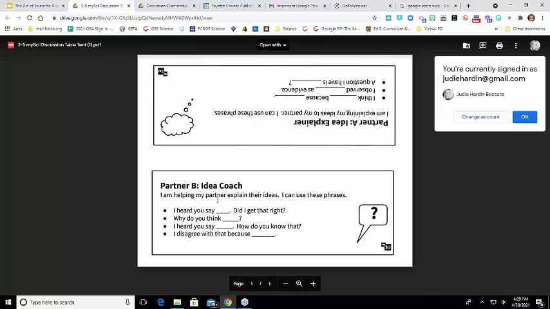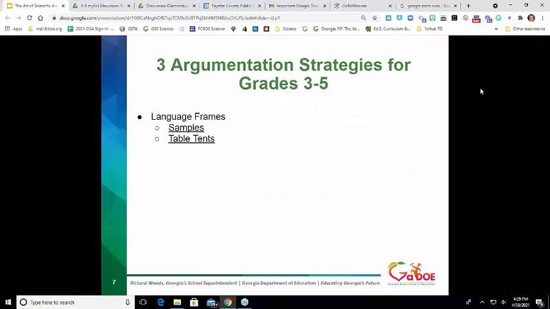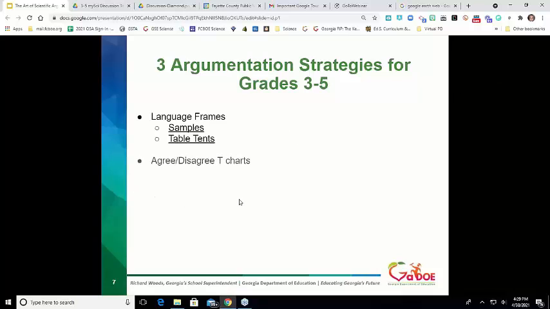Then partner B is the idea coach, where they're asking questions and finding out more, or agreeing or disagreeing or coming up with a consensus. Then they take this and they switch roles. I like this idea because oftentimes when kids are working in groups, it's really beneficial to give them specific jobs or roles in that group, and it really helps the functioning of the group when they're working collaboratively.